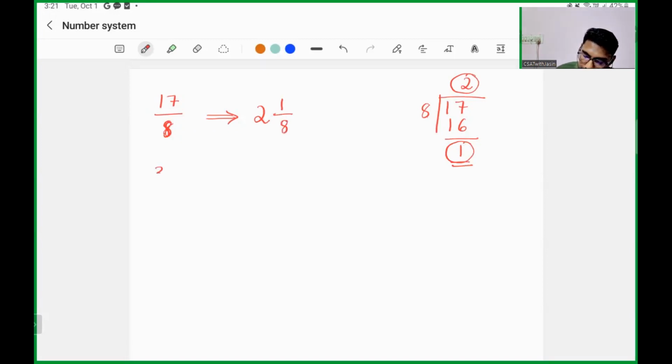Then you do this one, 33 by 7. Convert 33 by 7 to mixed fraction.